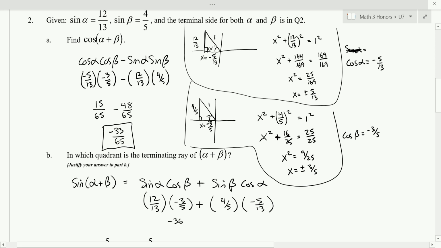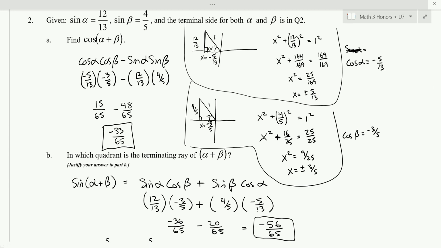So negative 36 over 65 minus 20 over 65, and that's negative 56 over 65. I want you to get the correct answers for the sine and cosine. But for our explanation, we don't really care about the value. We just care if it's positive or negative. And we find that they're both negative, which leads us to what quadrant? The third quadrant.